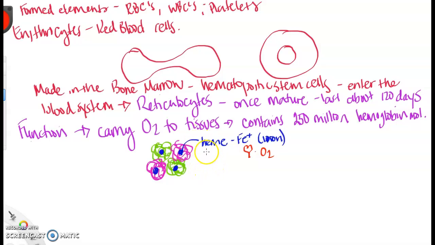So an erythrocyte contains about 250 million hemoglobin molecules. And each of those carries 4 oxygen molecules.